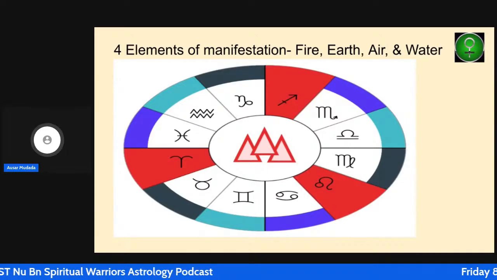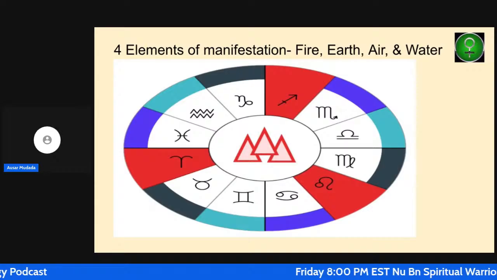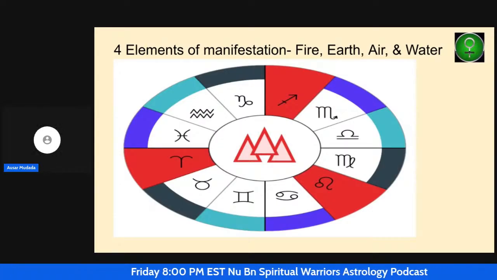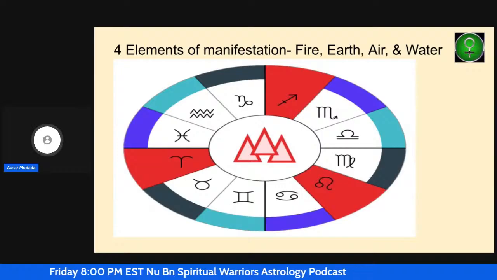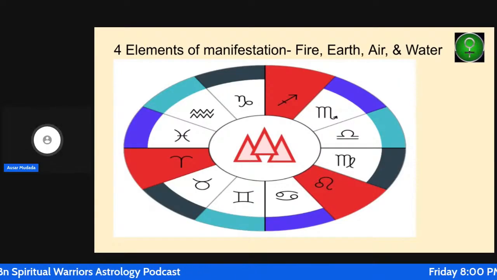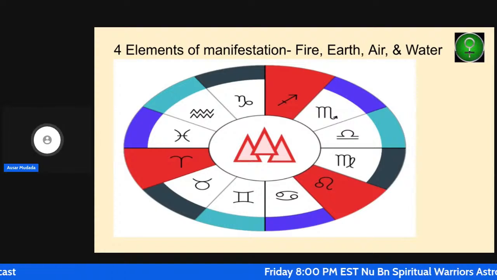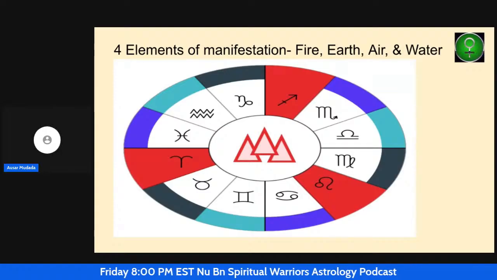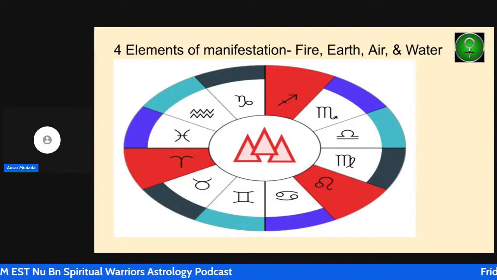They are earth signs. All earth signs trine each other. The ones in teal are air signs. Again, they trine each other 120 degrees apart. Easy and flowing communication. And the purplish blue is water signs. And water signs trine each other as well.